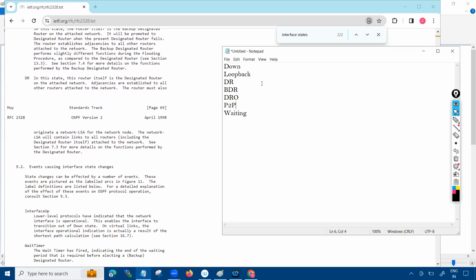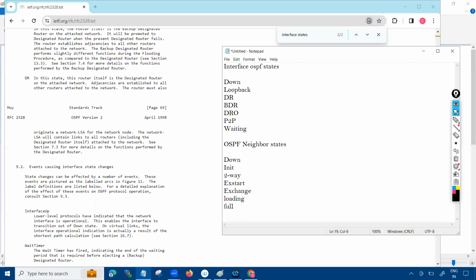Let me put this one on the downside. Most people have confusion with this. So these are the OSPF interface states. And the other one we have seen till now is the OSPF neighbor state: down, init, two-way, exstart, exchange, loading.